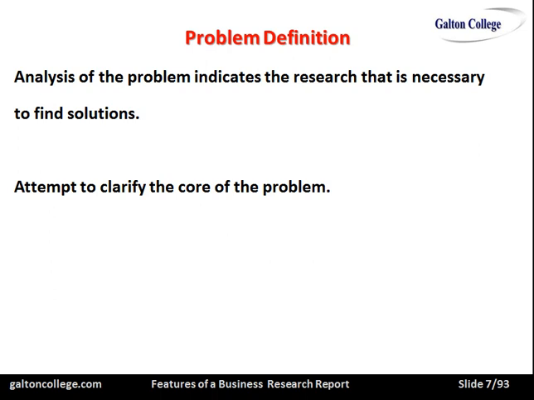It's always important to attempt to identify and address the core of the problem. What's the essential nature of the problem? Because once that's discovered, then some remedial action, some process can be set up to address the issue.